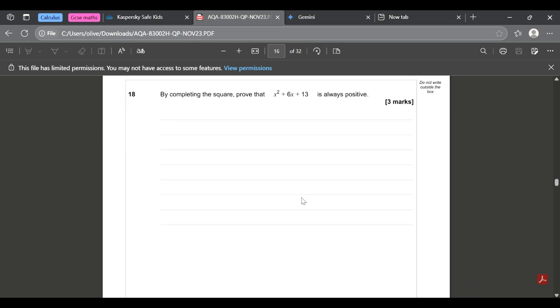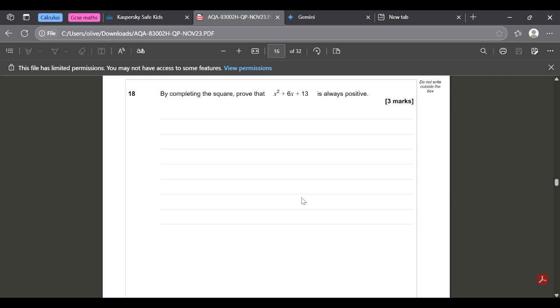Okay, by completing the square, prove that x squared plus 6x plus 13 is always positive. Well, we should know the formula for completing the square: (a plus b) squared plus the leftover.